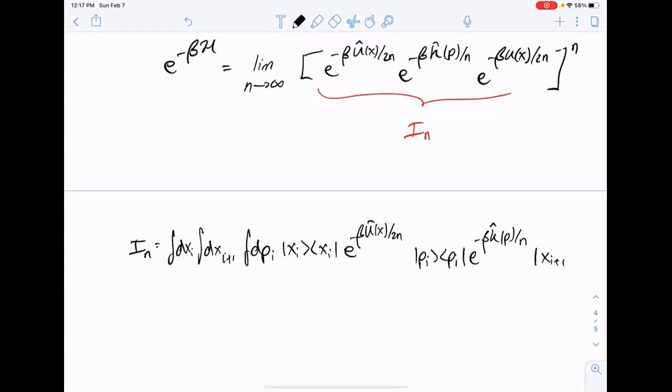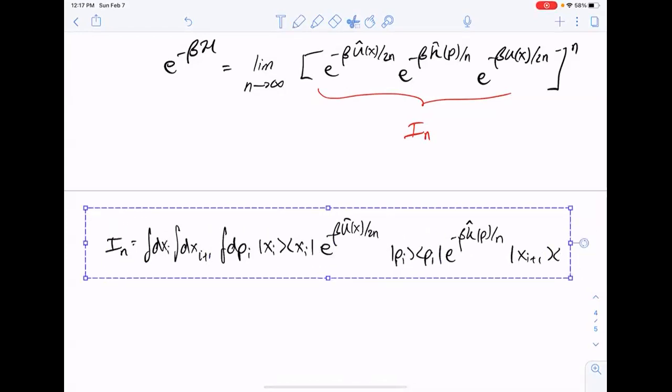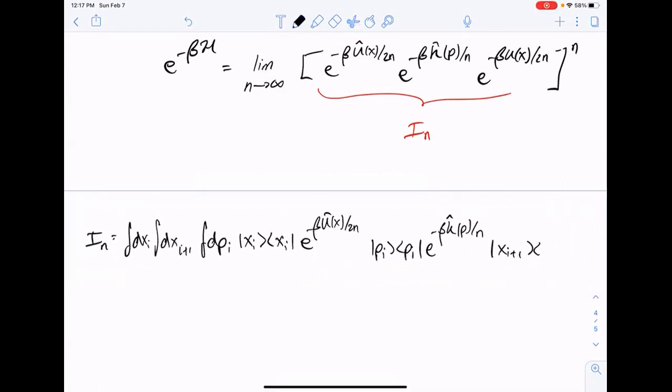And another set of real space states. Actually, let's put that here.